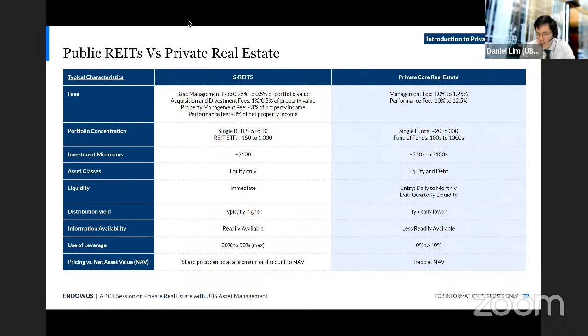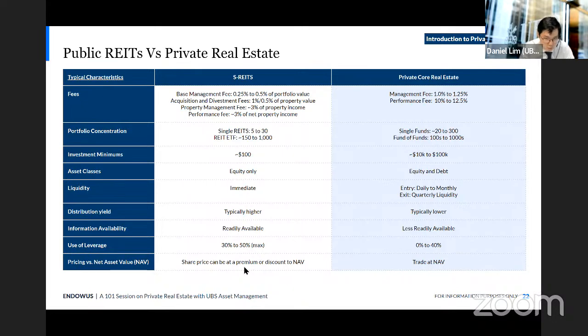Yeah, the last thing to really point out really is that last row on pricing versus net asset value. So private real estate funds basically trade at an independent valuation approach, whereby, I guess taking a step back, within real estate, it's common to get buildings valued by independent appraisers.